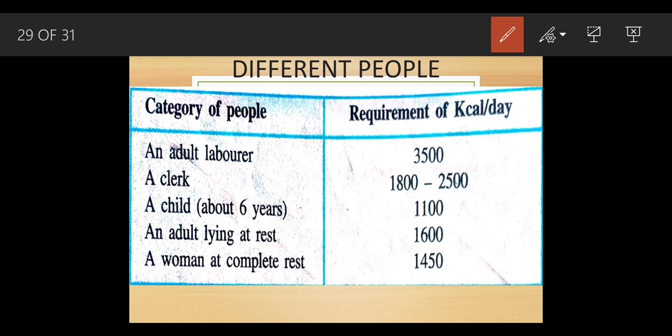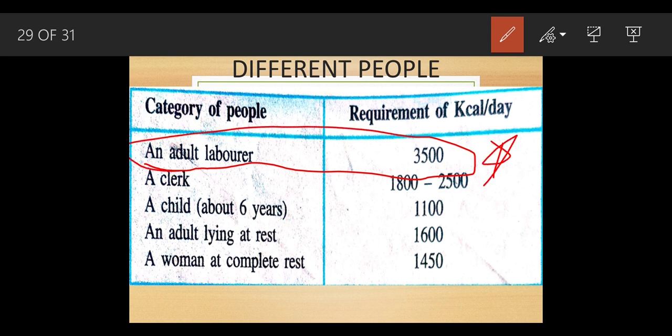Different people require different amounts of calories. Who requires the most energy? An adult laborer. Why does an adult laborer need more energy? This is a give-reason question, and it has been asked in many school exams.